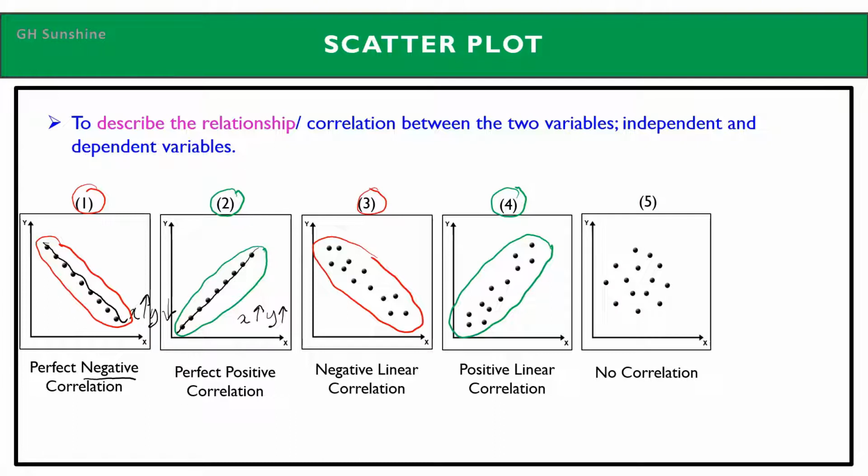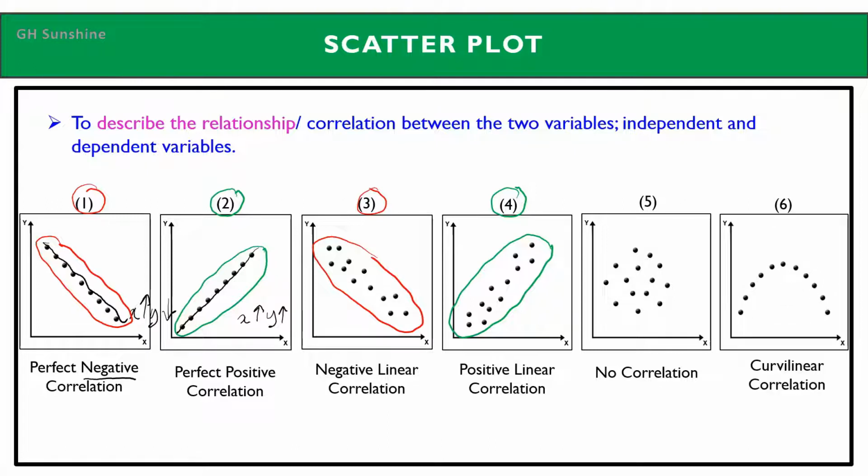Then this one, no correlation or no relationship between independent and dependent variable, no pattern. And then this one, curvilinear correlation. Here, X increases, but Y may increase or decrease. So these are the different patterns of scatter plot to identify the relationship between the two variables.